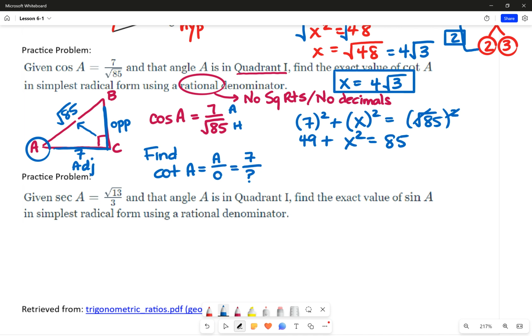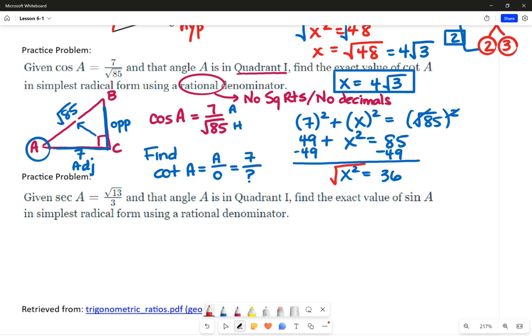I need to subtract 49 on both sides, and I'm going to get x squared equals 36.